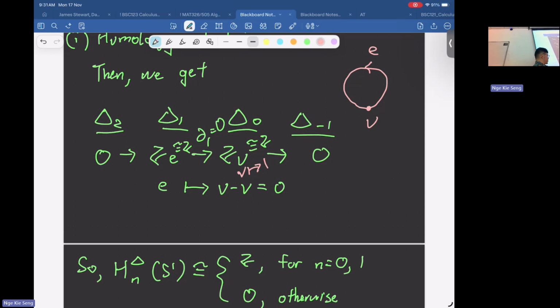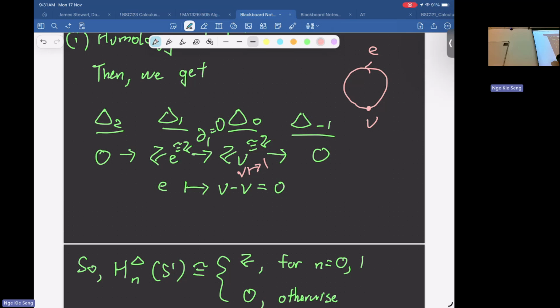I can tell you the geometric meaning of this non-zero homology group. Maybe later we will deduce it. For now, as in the motivation, if there's a non-zero H1, there will be a one-dimensional hole. How about H0 then?